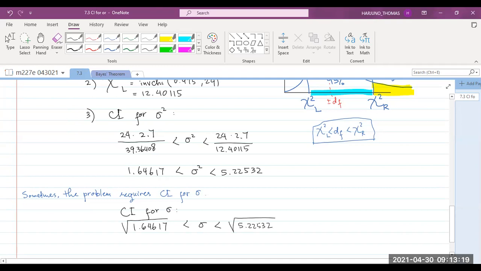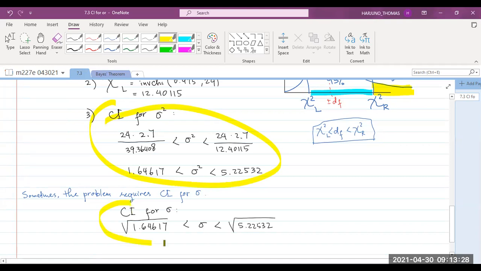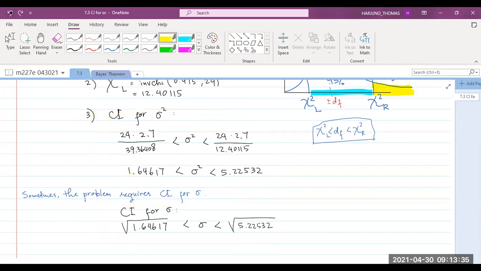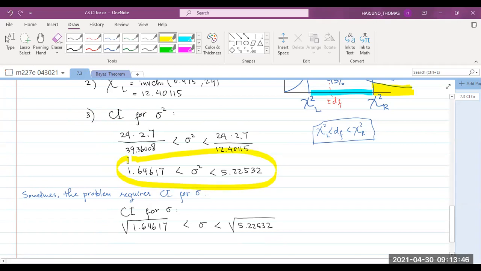Okay, and it has to be done this way. It's supposed to be done in two steps. You need to construct the confidence interval for sigma squared first, and after that you construct the confidence interval for sigma. There's a reason behind that. It has something to do with the fact that for sigma squared, we use sample variance to estimate.